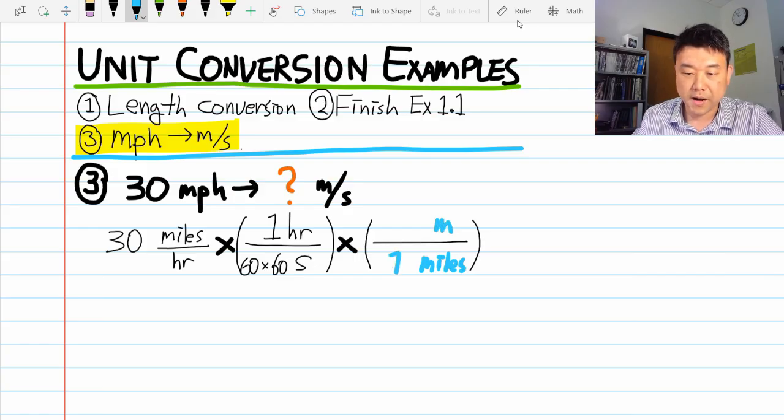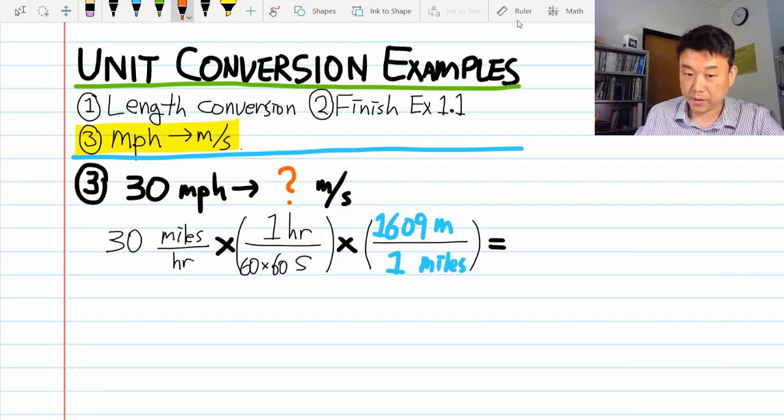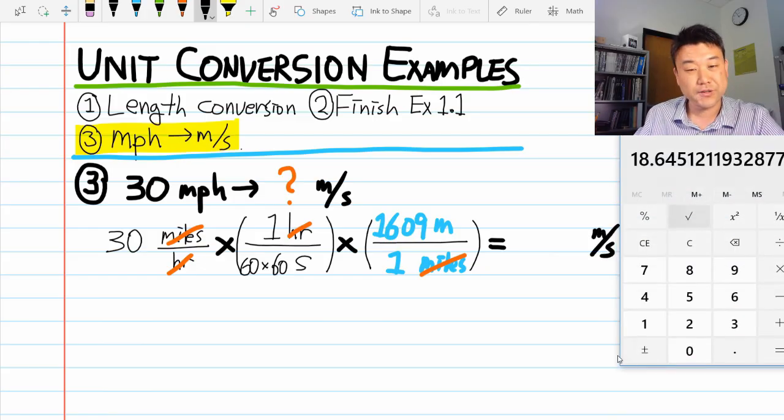So 1 mile is equal to 1,609 meters. Good. So you can see that all the units that we don't want cancel out. Hour cancels out, miles cancels out. We are left with meters per second, and we bring our calculator to finish this calculation.